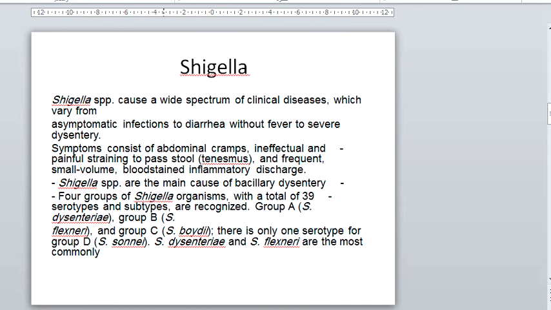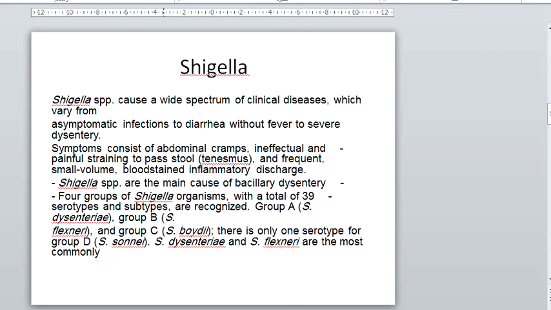Shigella species cause a wide spectrum of clinical disease, which varies from asymptomatic infection to diarrhea without fever to severe dysentery. Symptoms consist of abdominal pain and bloody diarrhea. Shigella species are the main cause of bacillary dysentery.